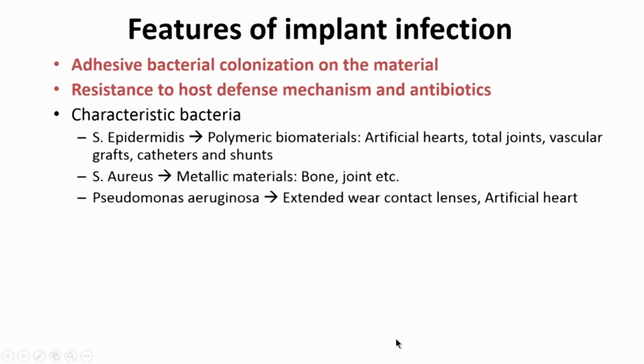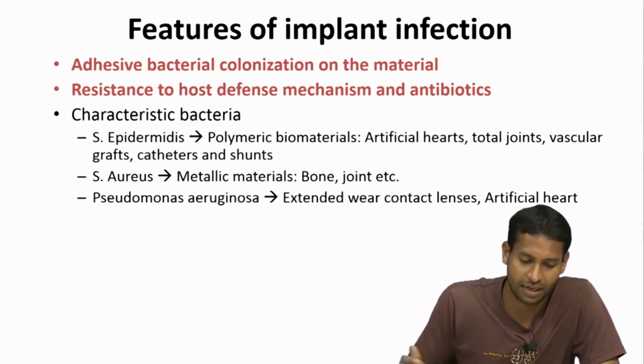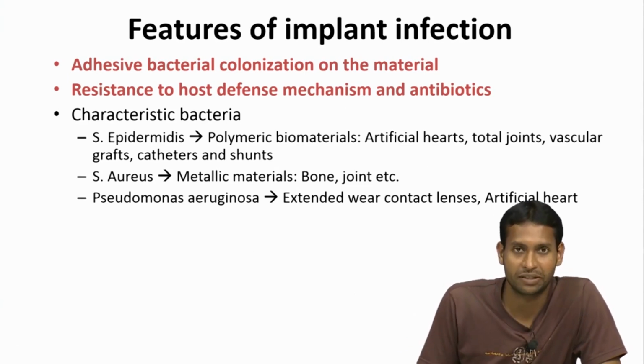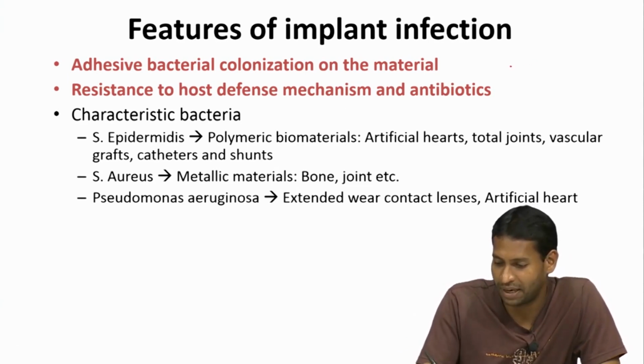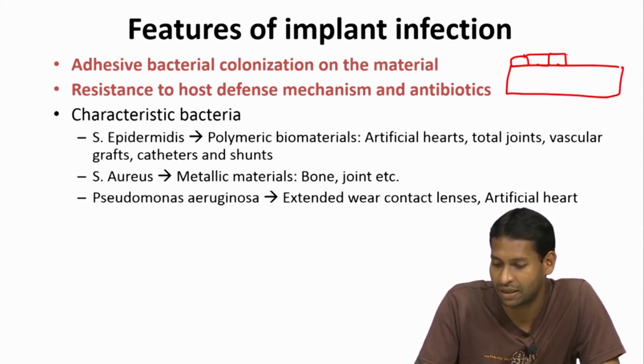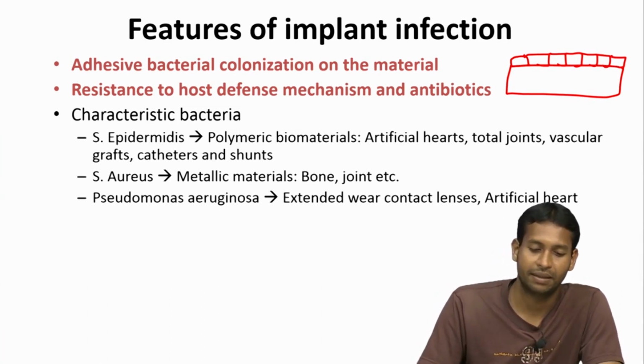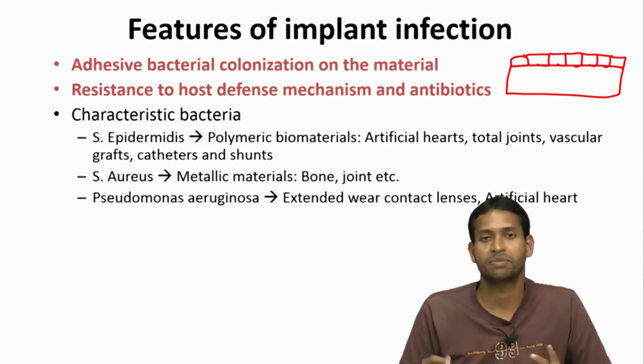Let us talk further about some of the features of these implant infections. You have adhesive bacterial colonization on the material. Let us say now that the implant has been infected and there is bacteria colonizing pretty much all of this implant. Then this causes resistance to host defense mechanisms.